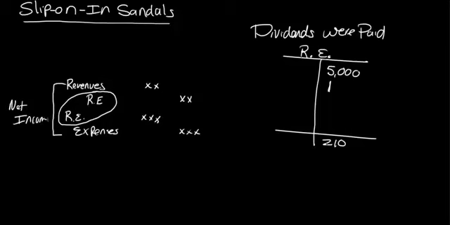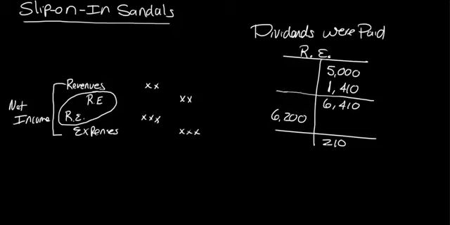Our net income in the case of Slip-On-In Sandals is $1,410. So everything else being equal, we would expect retained earnings to have a balance of $6,410. But we can see that the ending balance is $210. So a dividend must have been paid, and it looks like it was $6,200, a debit into the retained earnings account.